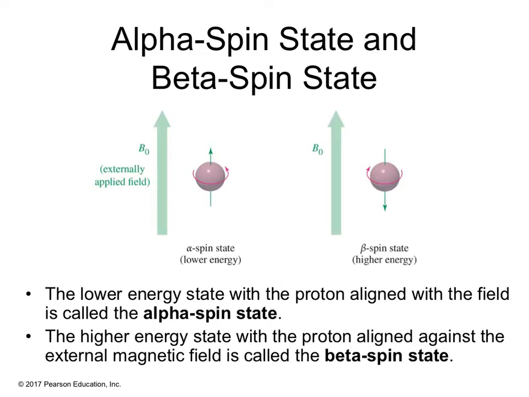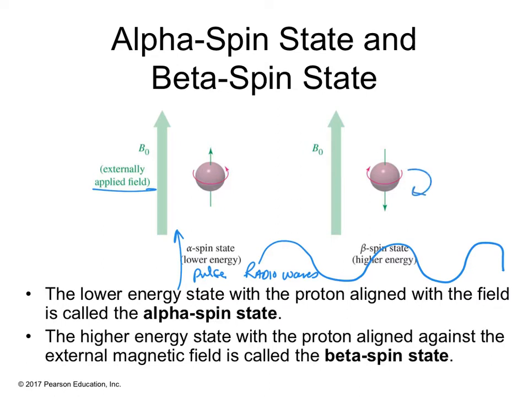So what happens is it orientates, so you'll hit this with a pulse. It's called a pulse when you hit it with an externally applied field, and you're hitting it with NMR waves, and NMR are radio waves. Okay, so they're very large, low energy waves, radio waves, and they hit these nuclei and they turn them over.